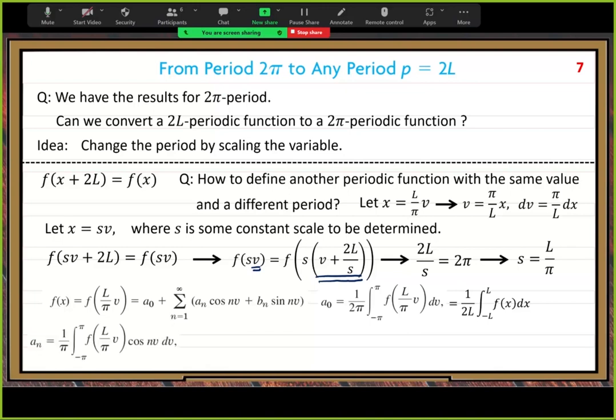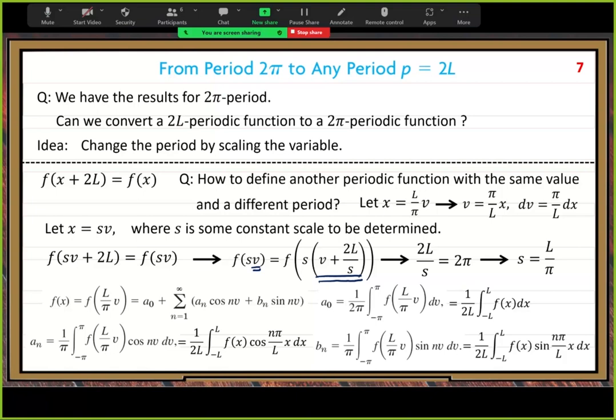So look at this 2L version of the integral. Similarly, in the a_n formula, we do the variable substitution, so we get the corresponding 2L period version formula. They're pretty straightforward; we don't need to do too much work. And for the b coefficient, we also have its 2L period version formula.